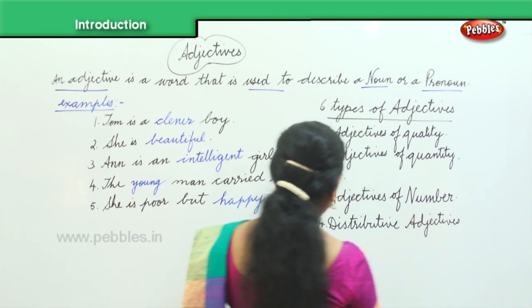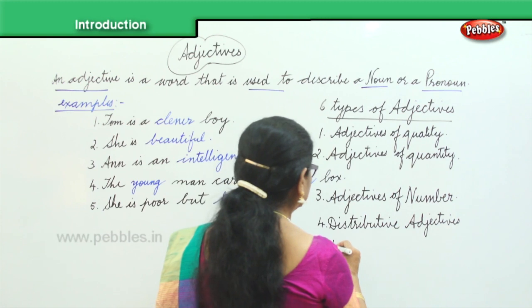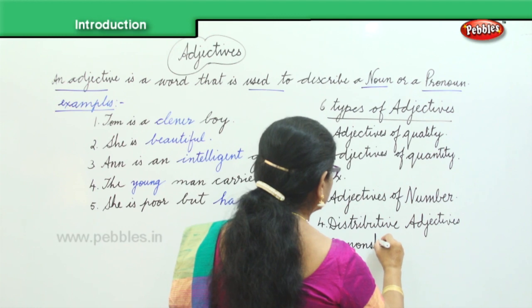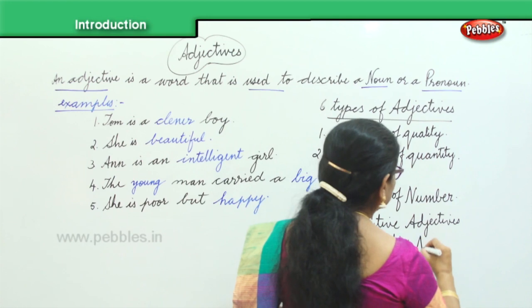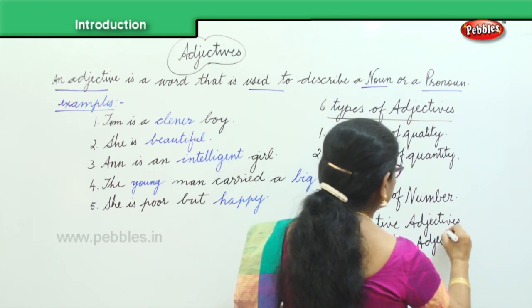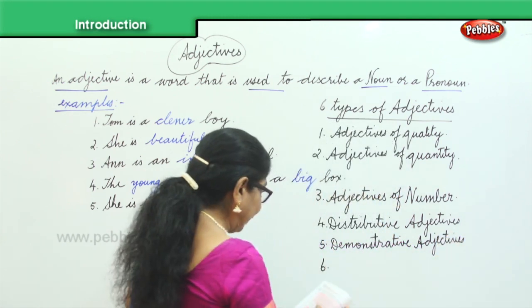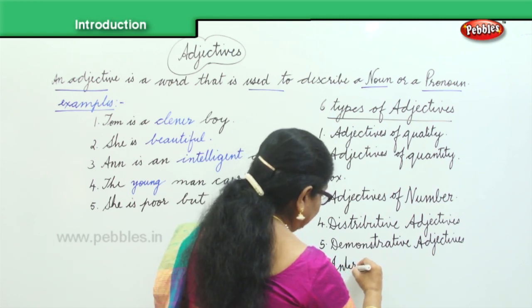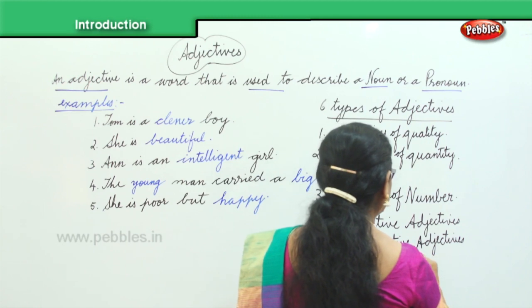The fifth one is demonstrative adjectives. And finally we have the sixth one, interrogative adjectives.